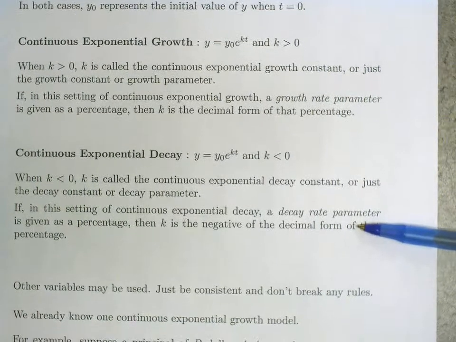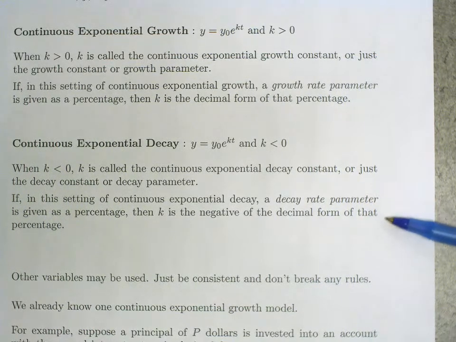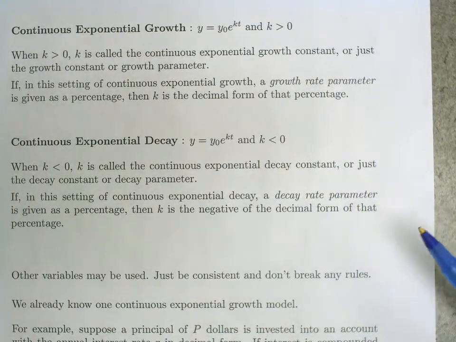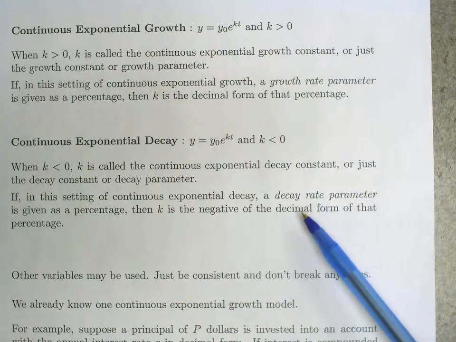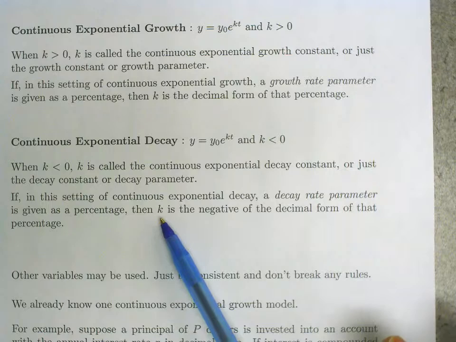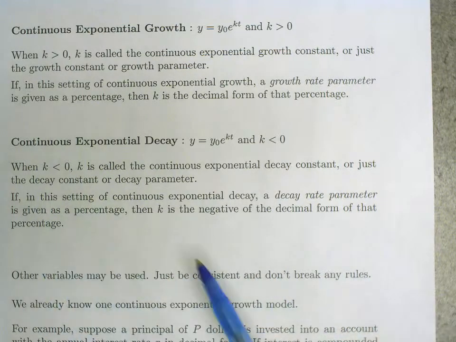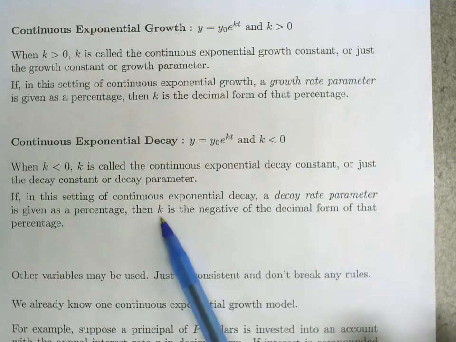Similar to what was noted above, if a decay rate parameter is given as a percentage, then k is the negative of the decimal form of that percentage. Just always remember that if it's exponential decay, then this number k has to be negative.